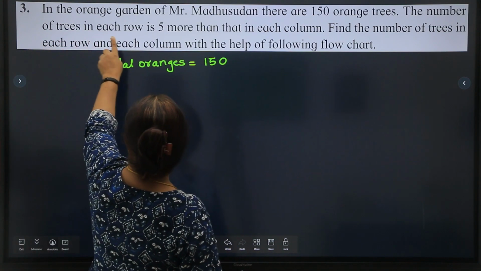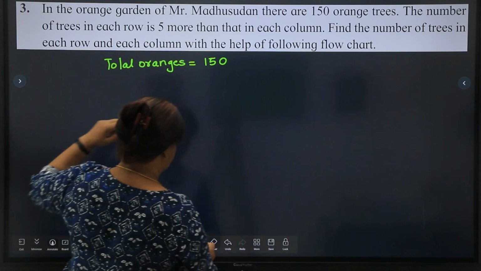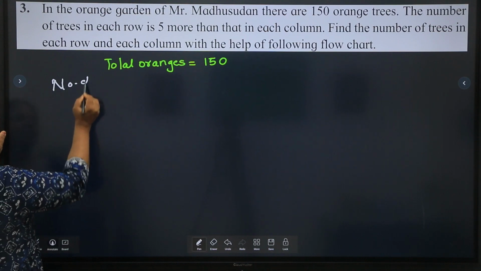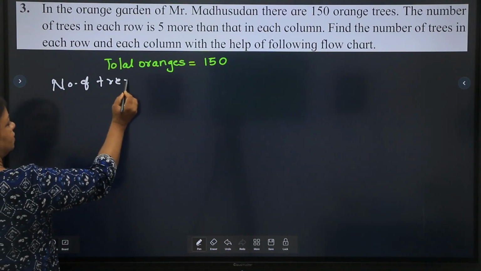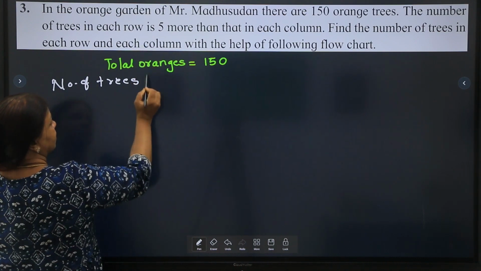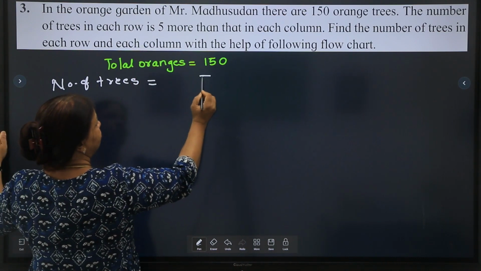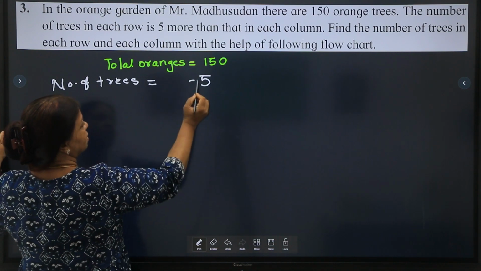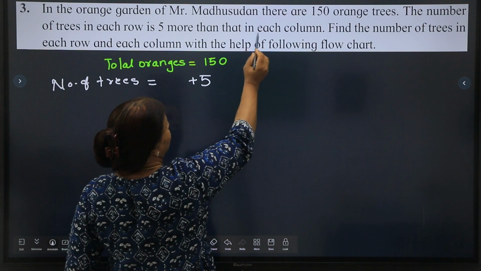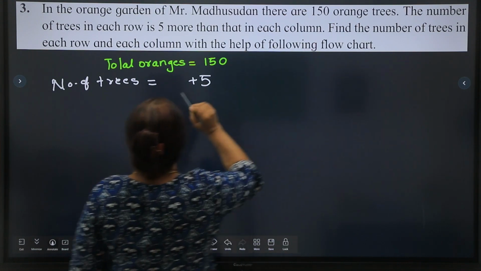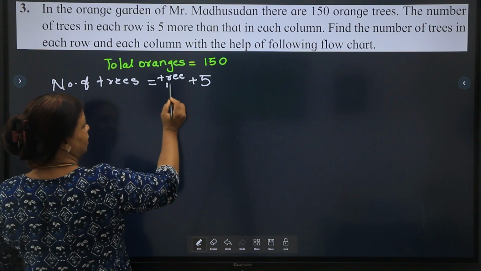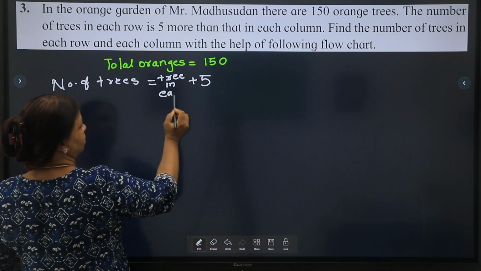The number of trees in each row is 5 more, means plus, than the trees in each column.